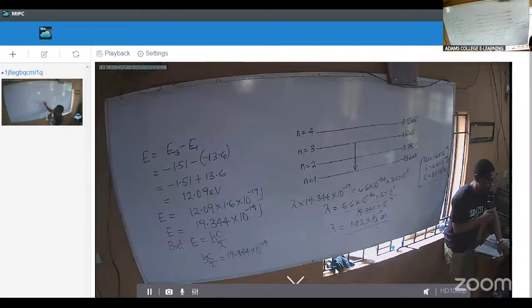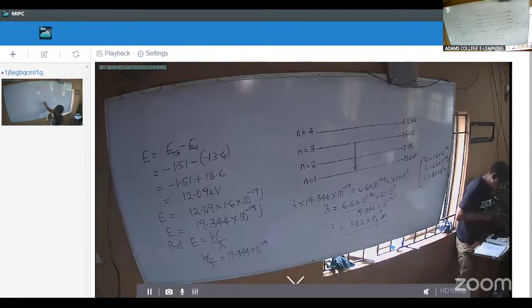A photon is incident on a metal whose work function is 1.32 eV, electron volts. Full stop. An electron is emitted from the surface.